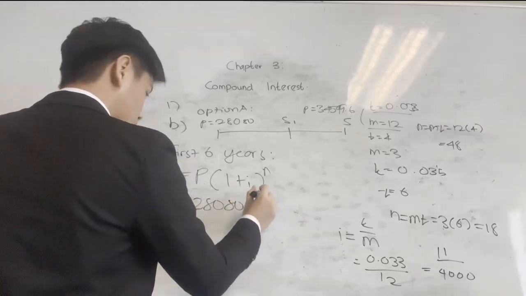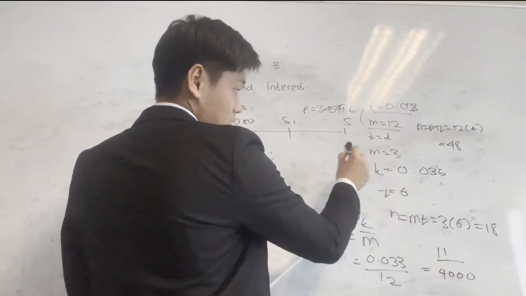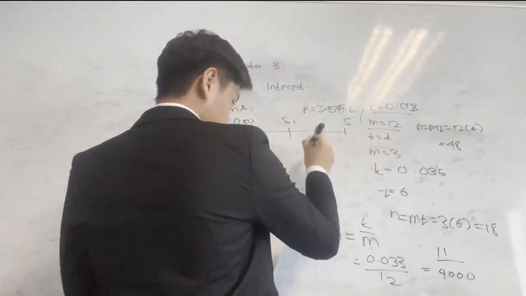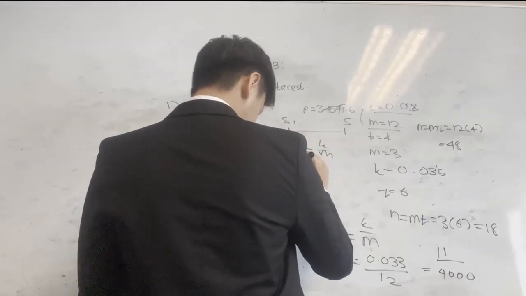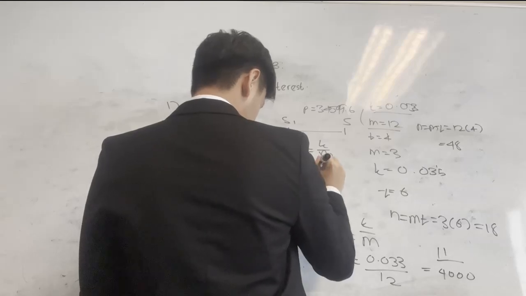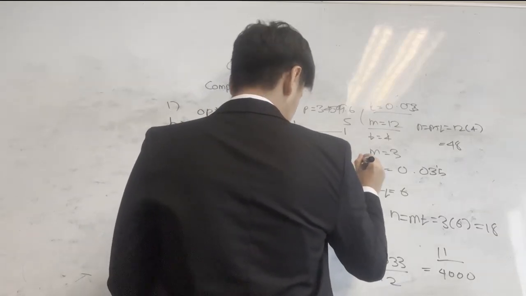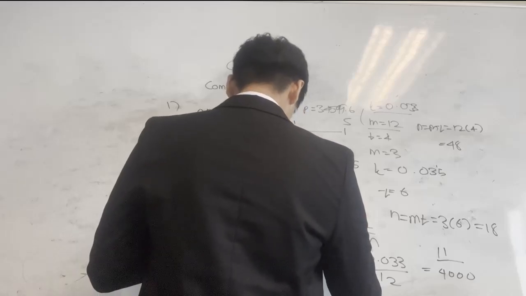1 plus, we got the i. We don't solve the first i. i equals k over n, 0.035 over 3, we got 7 over 600.